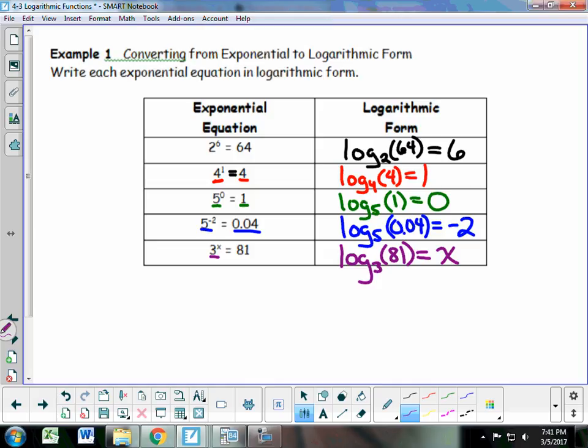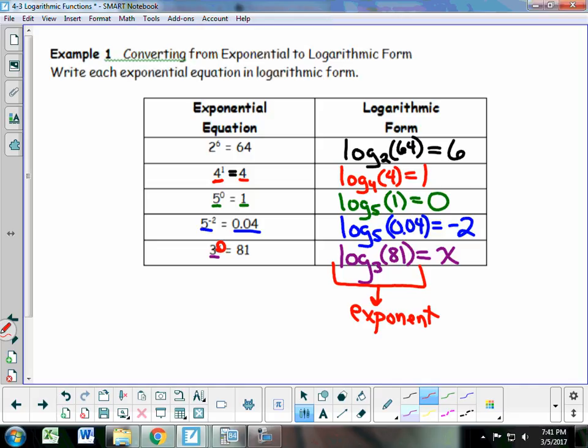So this is the exponent. It is the exponent because x is the exponent of this problem up here. So the logarithm is the answer to an unknown exponent.